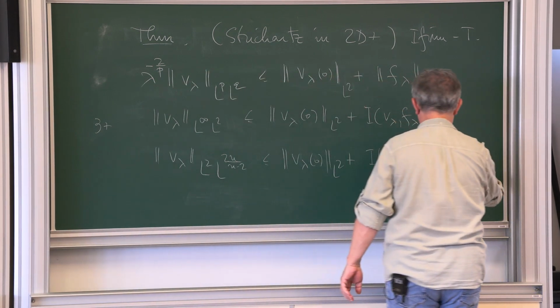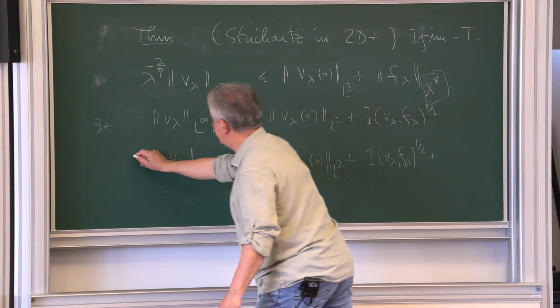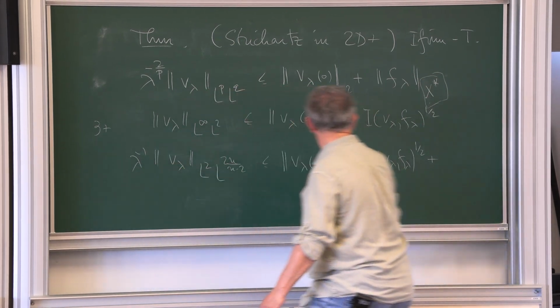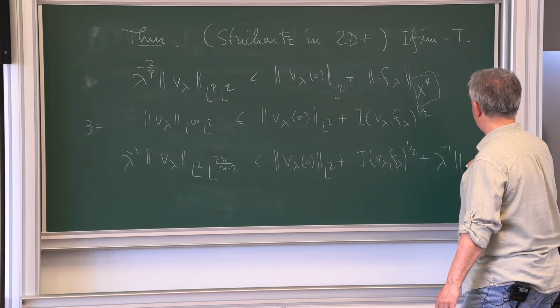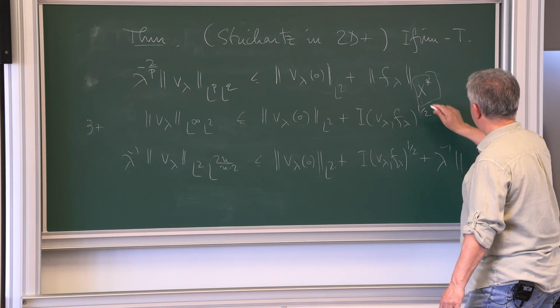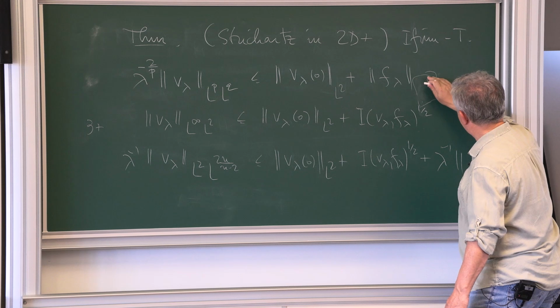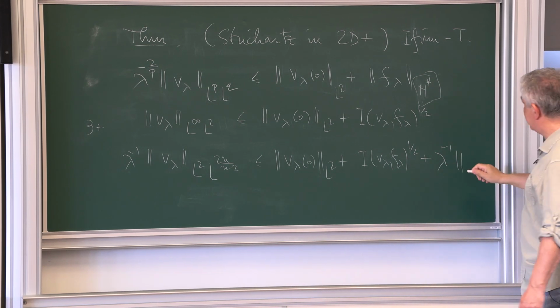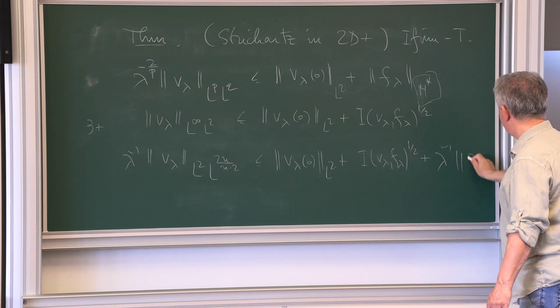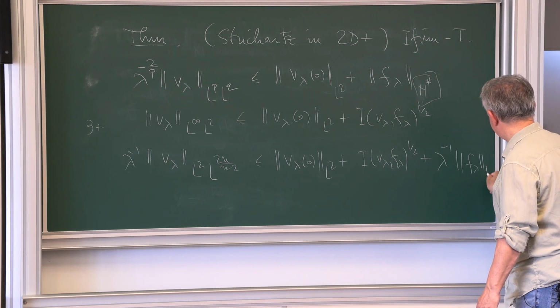And then this would be a lambda inverse. And because I have a lambda inverse here, I can put a lambda inverse in here, norm of, and let me change the letter on you. This is n we used in this paper because it's a slightly different object, norm of f lambda in this space n.